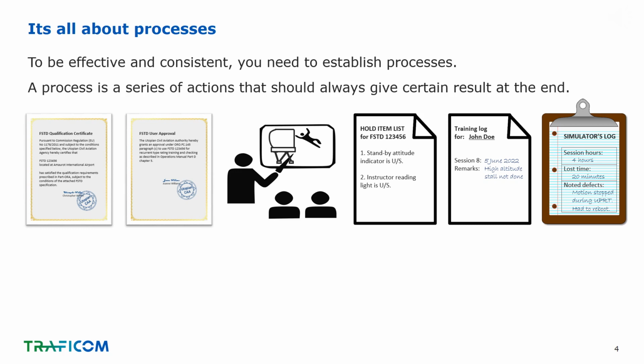Each of these mentioned steps require cooperation between the training organization and FSTD operator. Therefore, it is essential that all the steps are simple and intuitive. These steps are called procedures, and the procedures together form the process. A process has a purpose. A process has a beginning and ending. It should always happen in the same way.